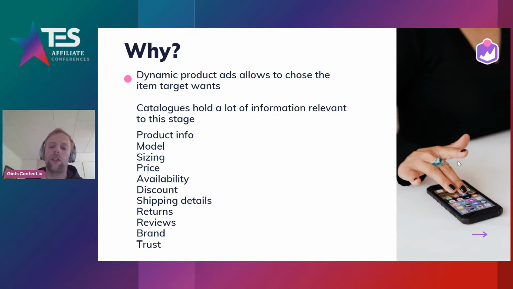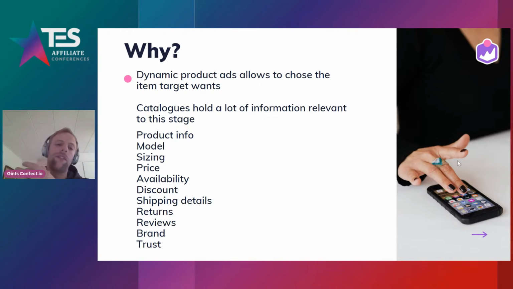So if you're showing some other choice or some other colors, maybe that's going to help them to convert. And on top of that, dynamic product ads are made from product catalogs. And these product catalogs hold a lot of information that we can use in the advertisement that is relevant to a buyer's decision making.